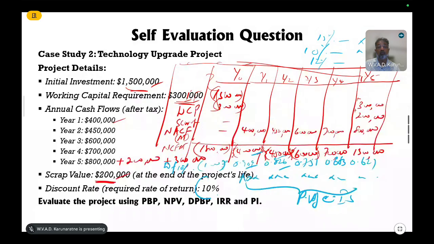So this is given a 10% discount factor as the cost of capital. Then you can calculate the NPV by taking the net value of the present value of cash inflows and the present value of cash outflows or the initial investment. Then you can compute the value here.